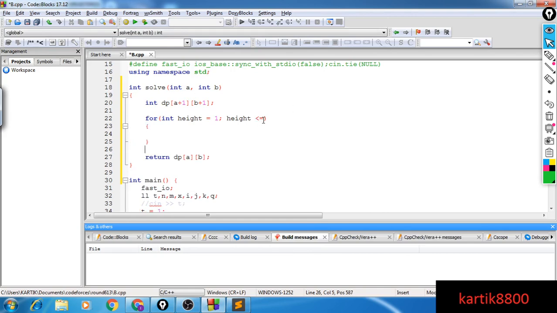I will be filling it for all valid heights and all valid widths. Height equal to 1, height less than or equal to a, height plus plus.